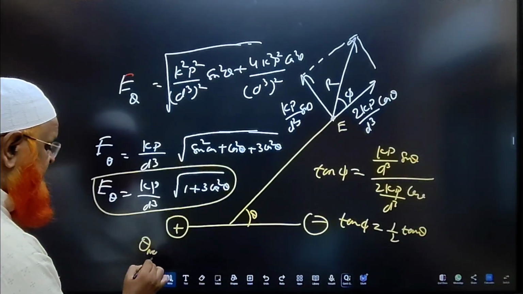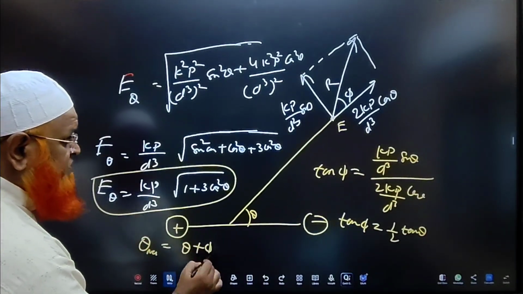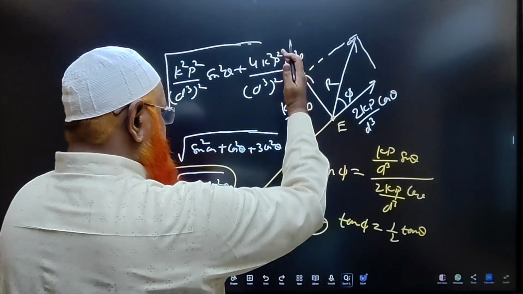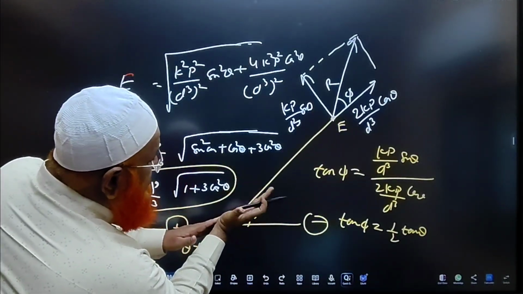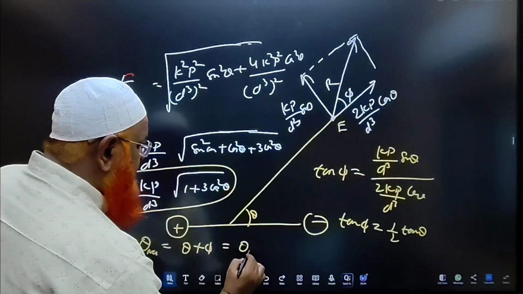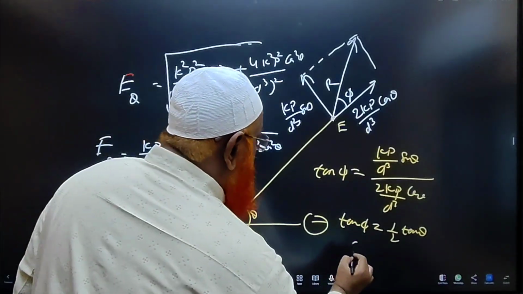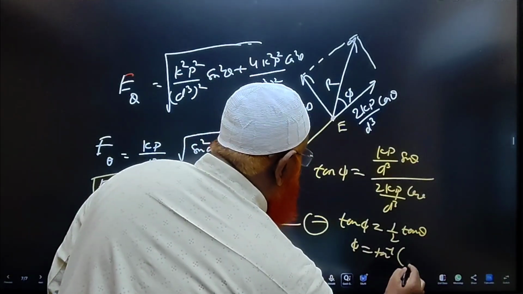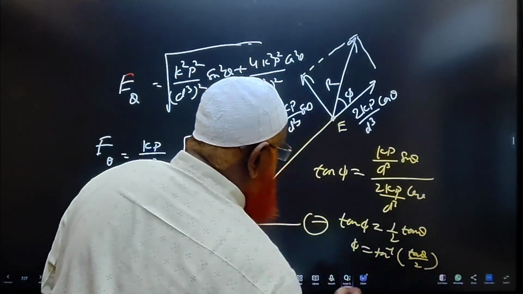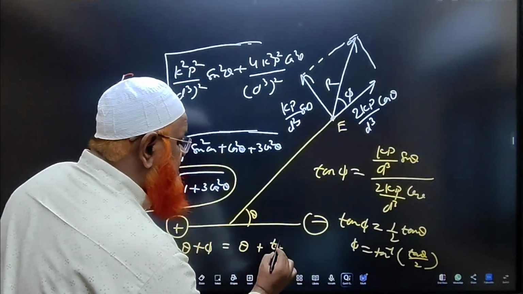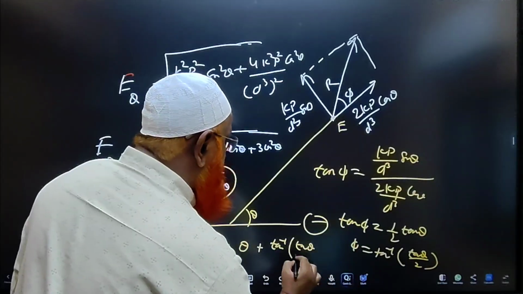So the net angle is theta plus phi. Here phi is nothing but tan inverse of tan theta by 2.